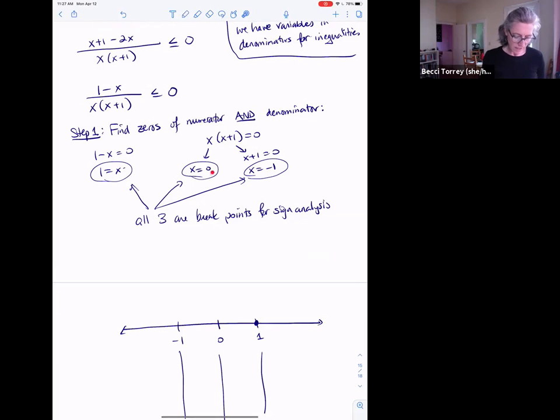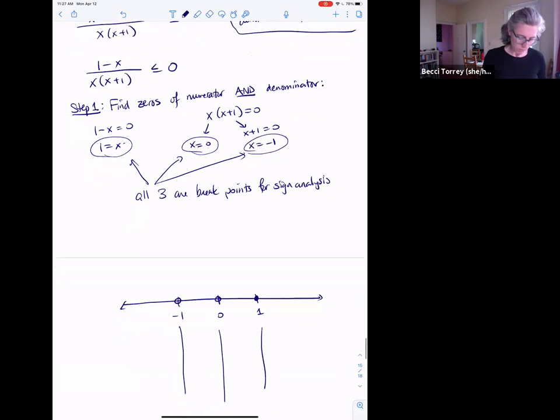This is not the case for x equals 0 and x equals minus 1, because these make the denominator 0 and you're not allowed to divide by 0. The numerator equaling 0 gives us a solution because of the equals sign, but these ones can't. So it can be helpful to right away draw little open circles to remind yourself those are not solutions, because the original function is not defined at those points.